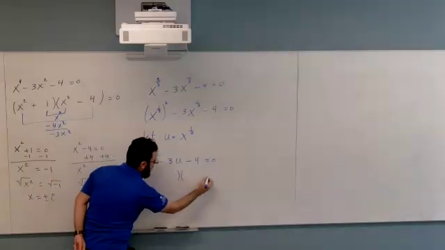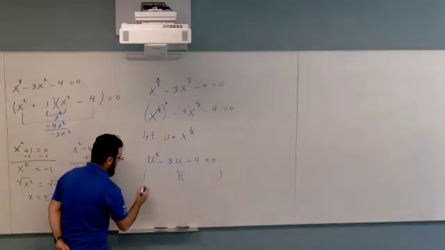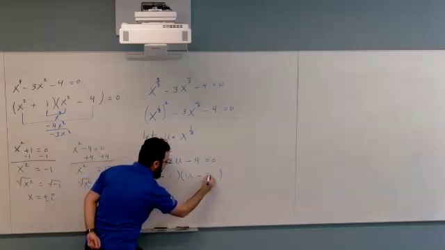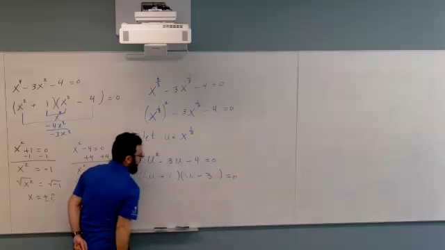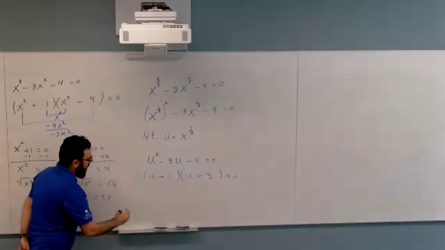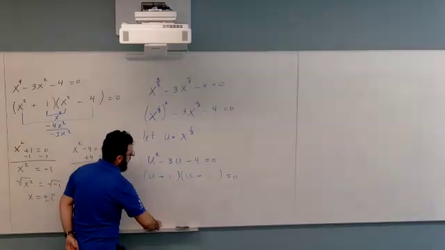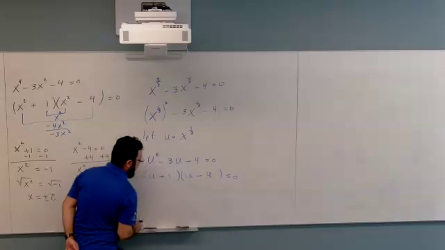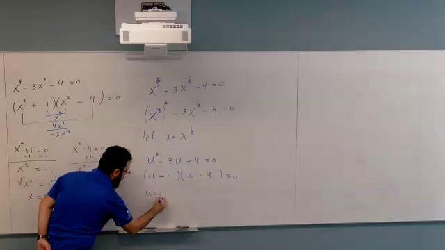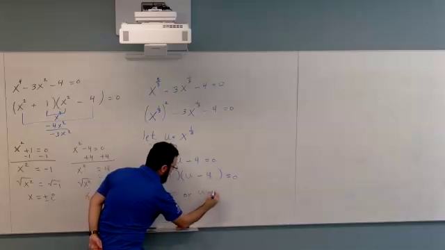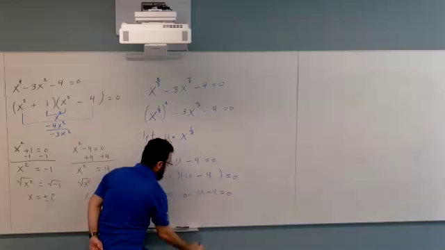We already did this one. This is the 4th time, I think. So u plus 1, u minus 4 equals 0. Yes or no? Oh, sorry. So it'll be u plus 1 equals 0, or u minus 4 equals 0.